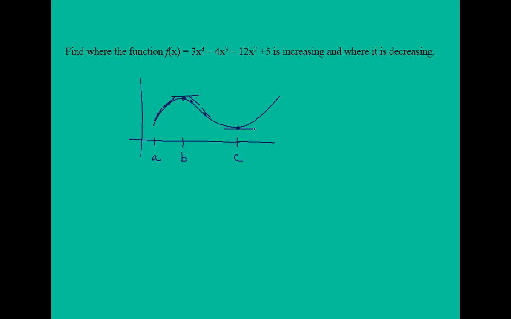So it appears that when we change from positive to negative, the slope of the tangent line has to be 0. Same thing occurs here. Here we're negative from B to C, but at C we're 0, and we're changing from negative slopes to positive slopes.